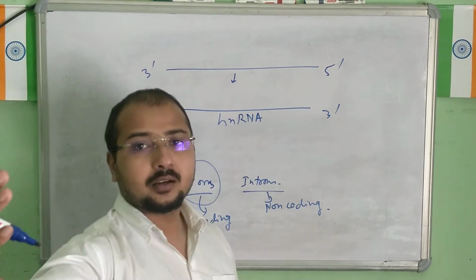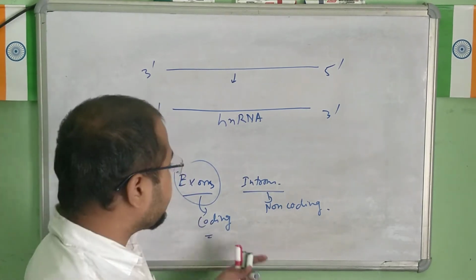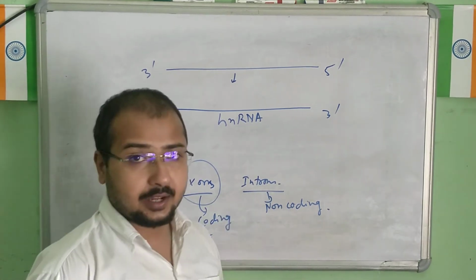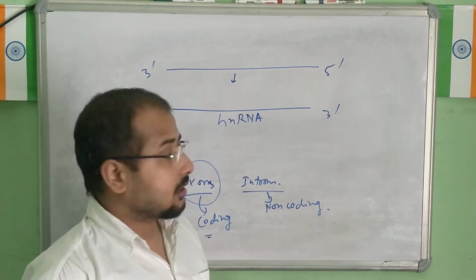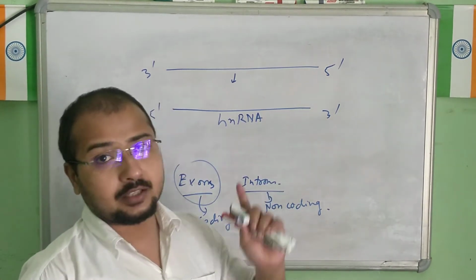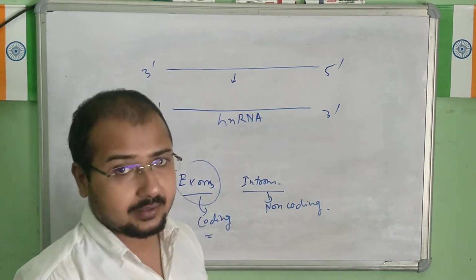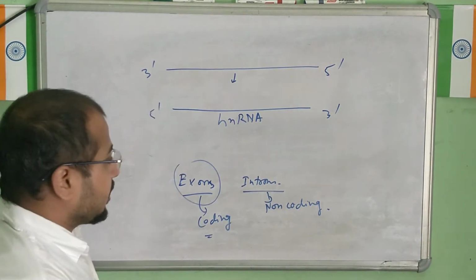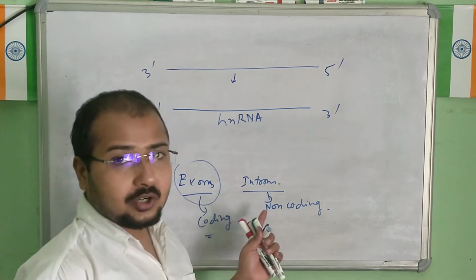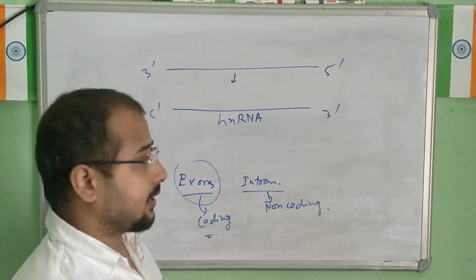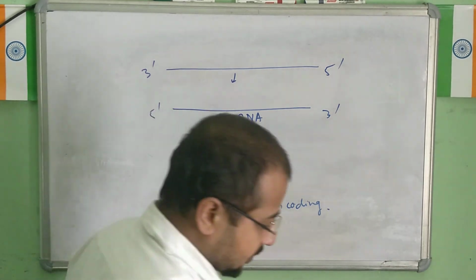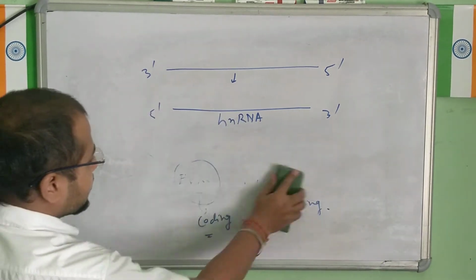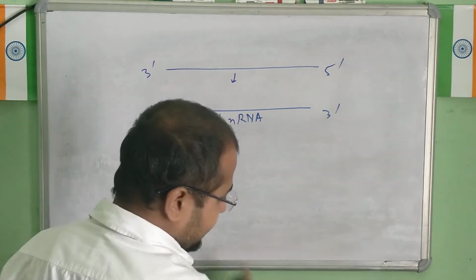To produce the protein. So if there is no role of introns, which are non-coding sequences, there is no need to keep these introns in the RNA strand. That is why the introns need to be removed. Okay, so the process involved here is splicing. By the process of splicing we have to do this.